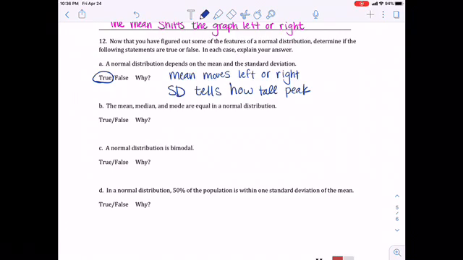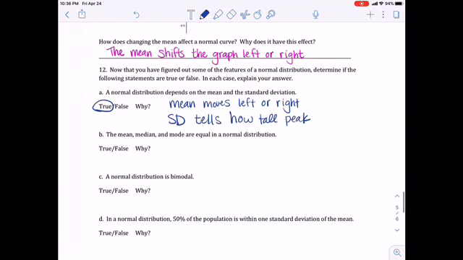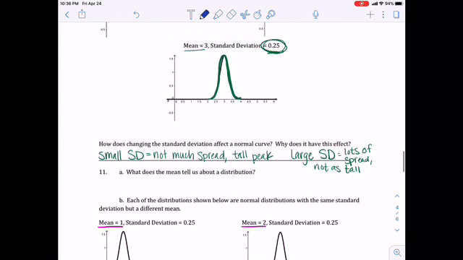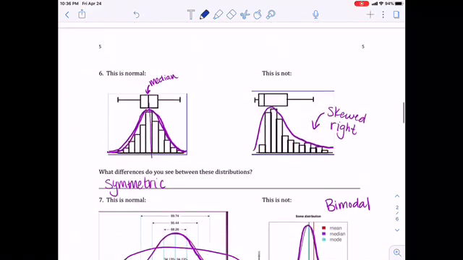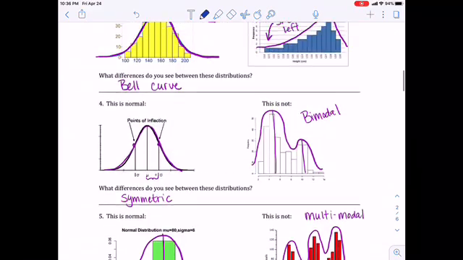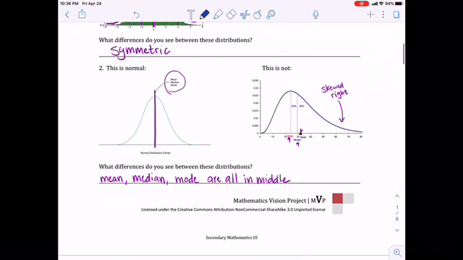Okay, question B, the mean, median, and mode are all equal in a normal distribution. Well, if we look back at these normal graphs that we were looking at, remember how the mean, median, and mode were all smack dab in the middle of our normal distribution.